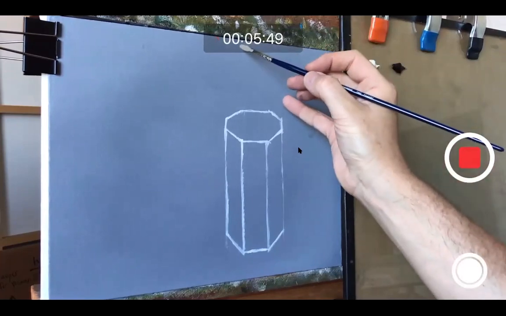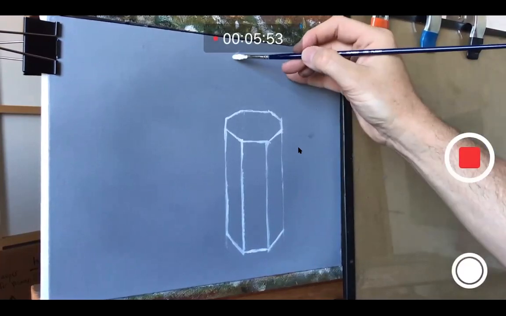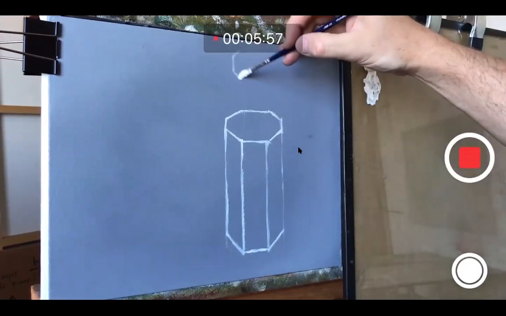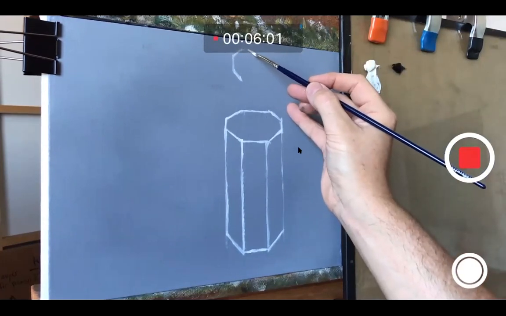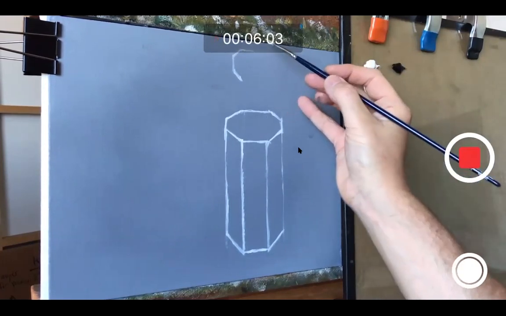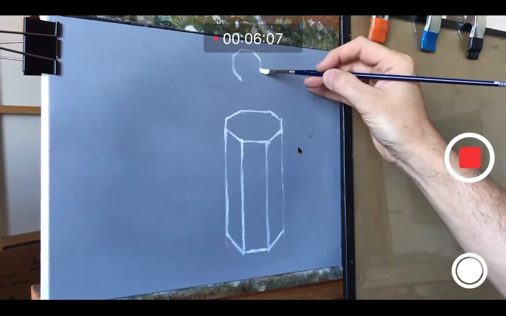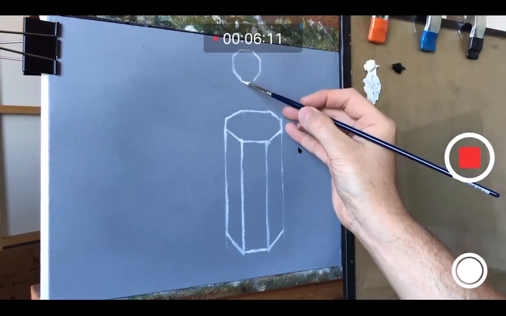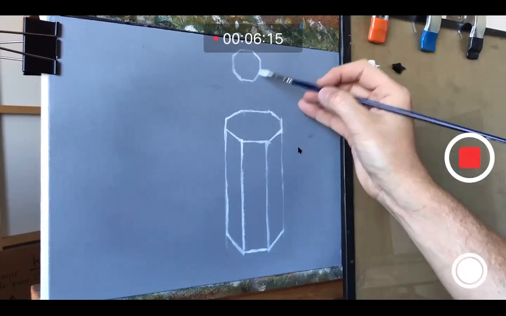And then above that column, I'm going to draw a view of that column as if we were looking at it from above. So that's a view of that column from above.